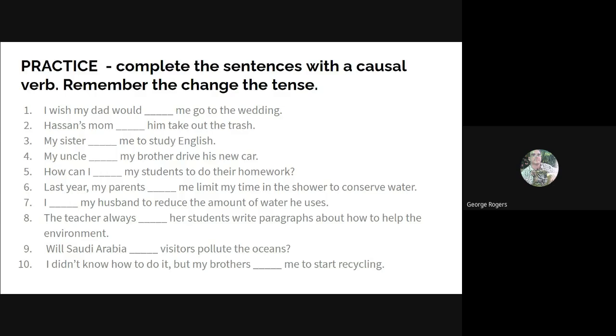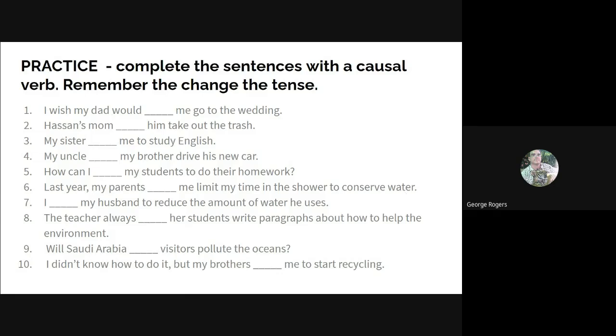And beg is when you really need it, but you don't have anything to give them. So again, make, force; have, ask or pay; let, allow; help, do some of the work; and get, you're not forcing them, but you're persuading them or convincing them. So which one goes where?